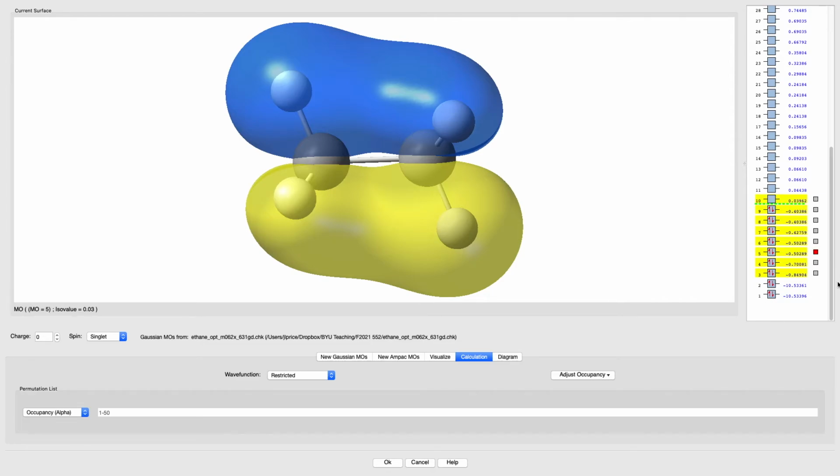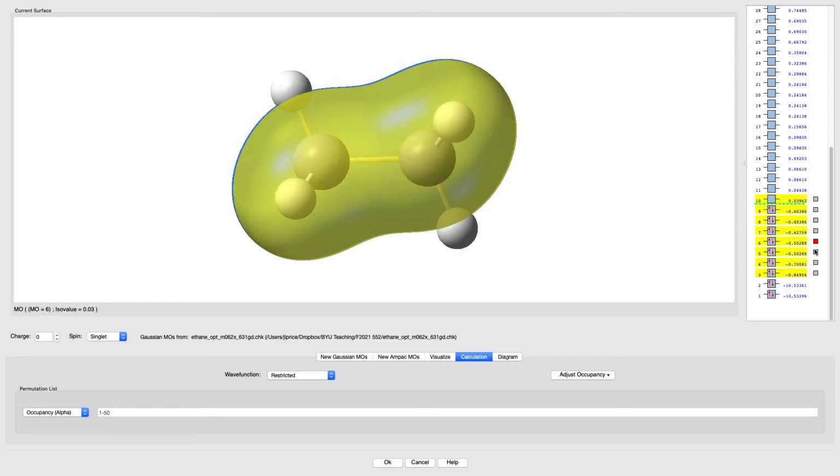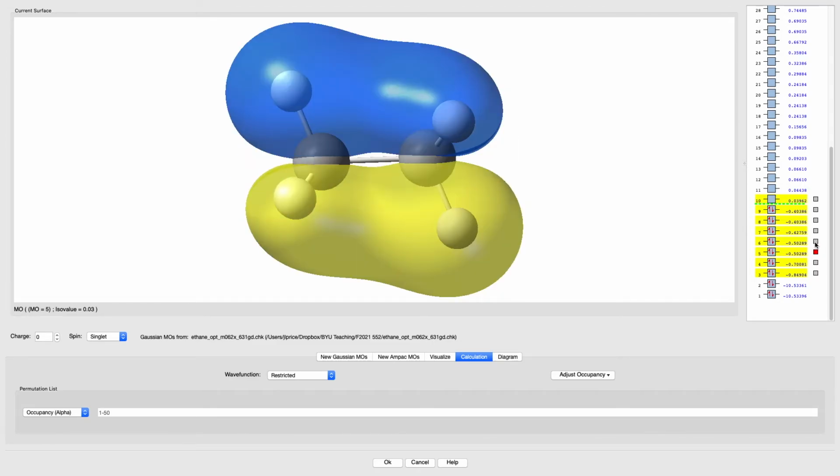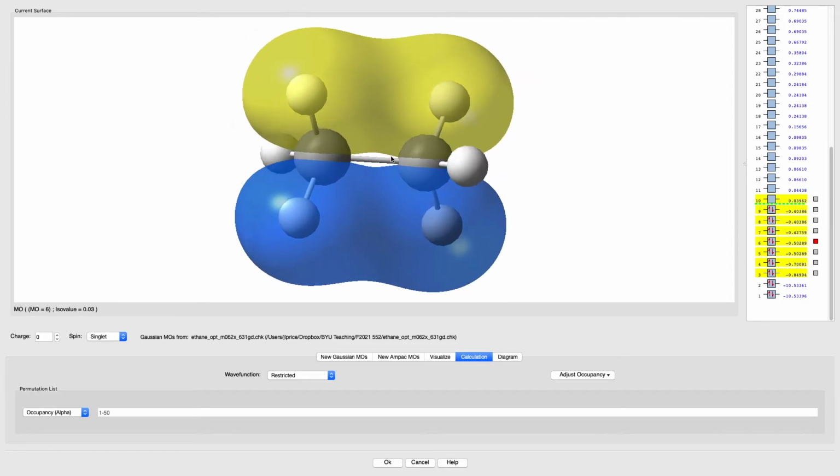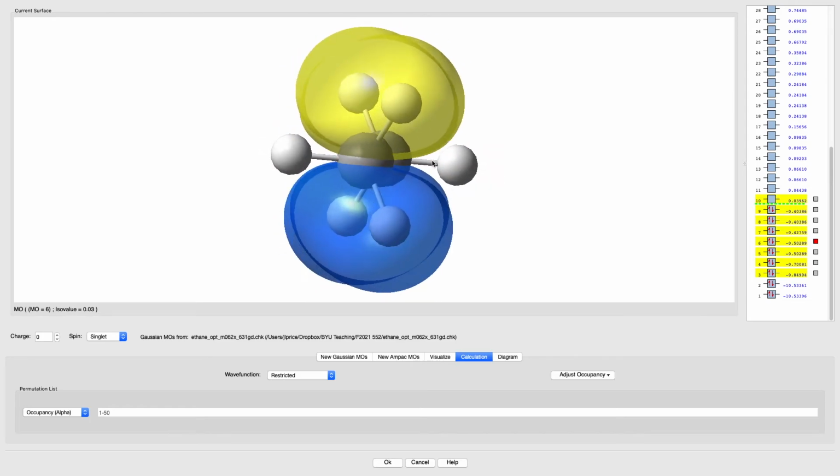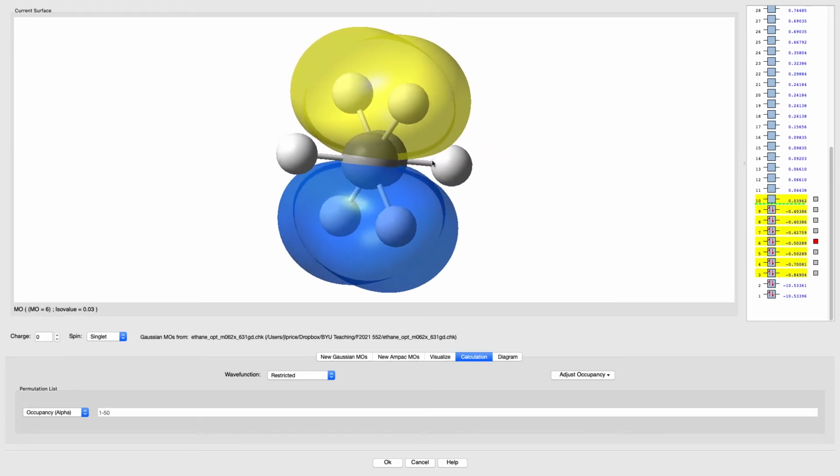Now, you may not be able to see the numbers, but orbitals 5 and 6 are actually the same in energy. And that's because they both derive from pi CH3 orbitals. This is the one we get. Do you remember there was one of the pi CH3s where a CH bond was in the plane of the node?